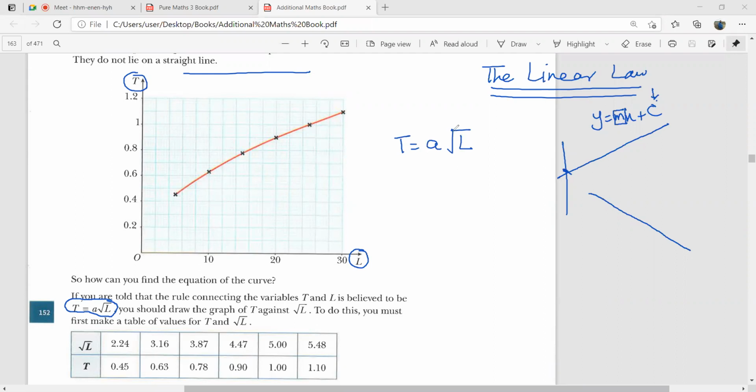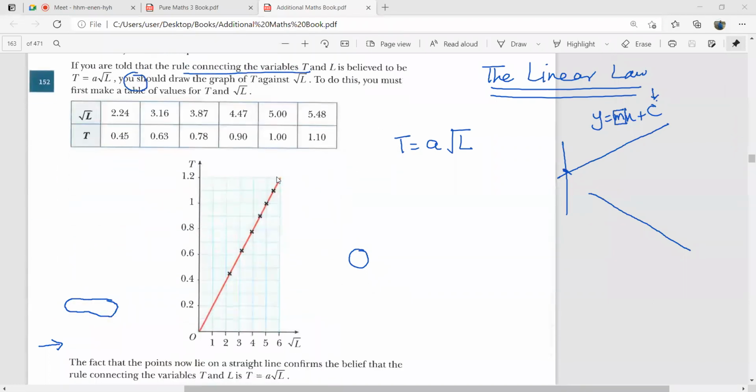If you take the square roots of all the values of L, instead of taking the actual values of L, we are going to take the square roots. And when you plot these square rooted values against T, you see what happens. Look at the graph now.